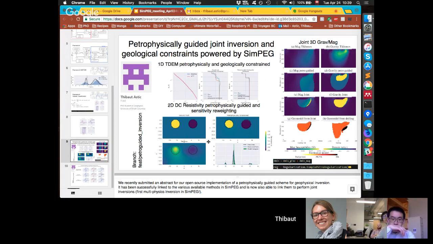Thibaut, did you try the DC example without the sensitivity reweighting, but with the petrophysical constraints? Was that a necessary piece if you have the petrophysical information? It works much better to have the sensitivity reweighting. I have the example without the sensitivity reweighting, and I will still get some banana shape, but I will have banana-shaped clusters in the recovered model.